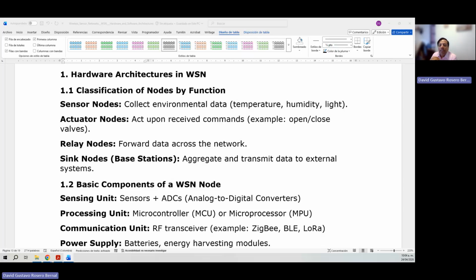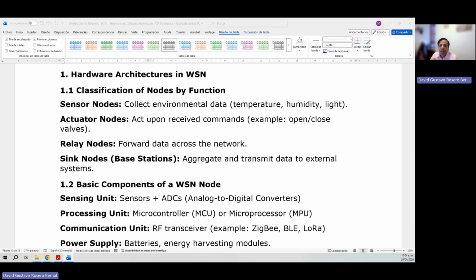These are the core components that collect real-world data, such as temperature, humidity, light intensity, vibration, or pressure. We have as well the actuator nodes. These nodes receive processed information and perform physical actions like opening a valve, sounding an alarm, or adjusting light.